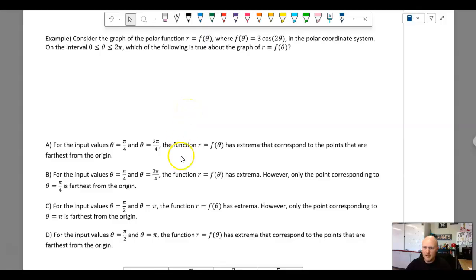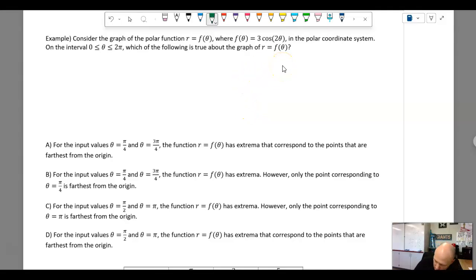For the input values pi fourths and 3 pi fourths, the function r equals f of theta has extrema that correspond to the points that are farthest from the origin. For theta equals pi fourths and 3 pi fourths, the function r has extrema. However, the only point corresponding to the point farthest from the origin is pi fourths. And then here we have pi halves and pi. Same idea.